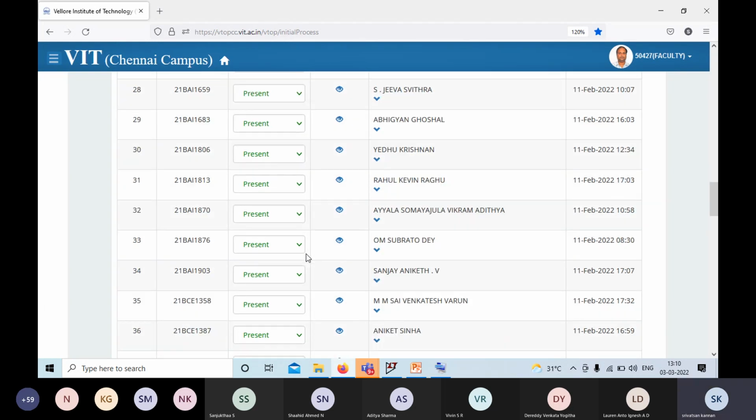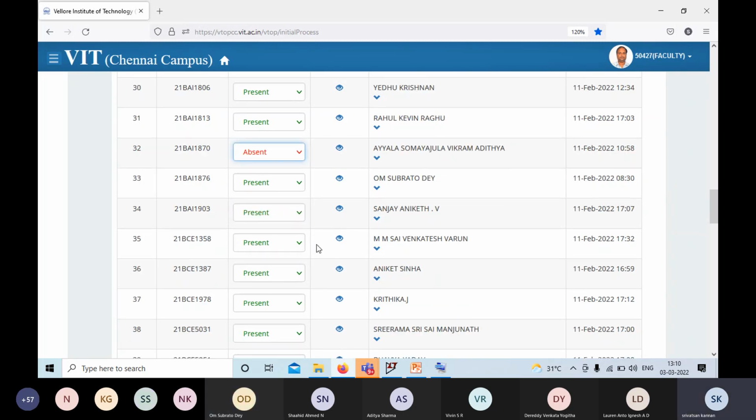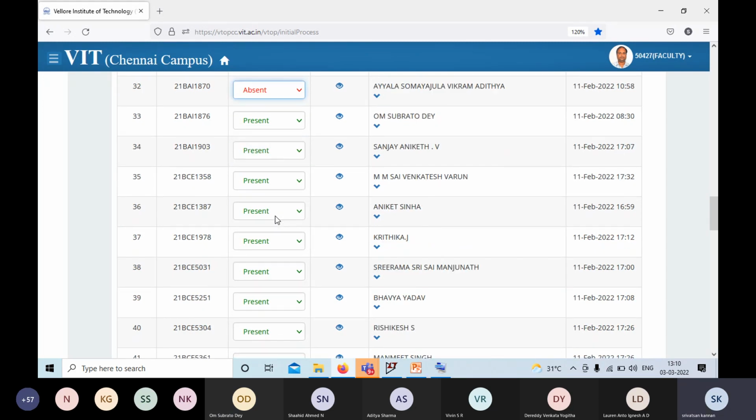Yadu Krishnan, present, sir. Rahul Kevin, present, sir. Vikramaditya. Subrato Dey, present, sir. Om Subrato Dey, Sanjay Ankit, present, sir. Sai Venkatesh Varun, present, sir. Ankit Singha, present, sir.